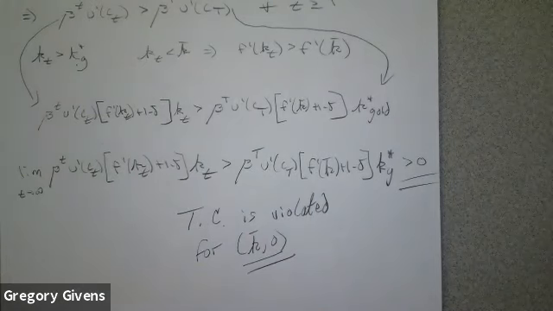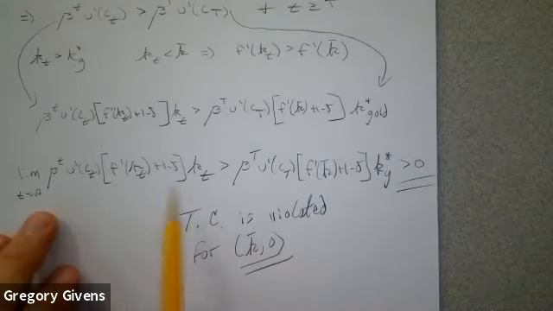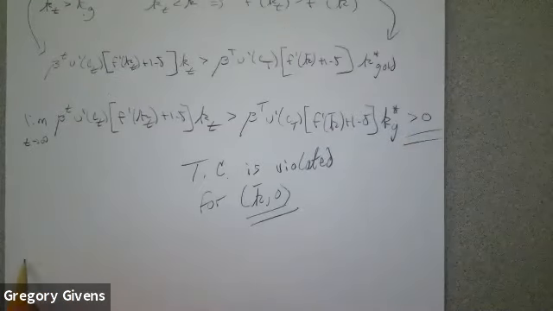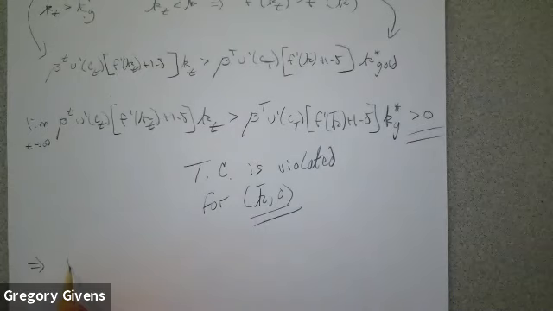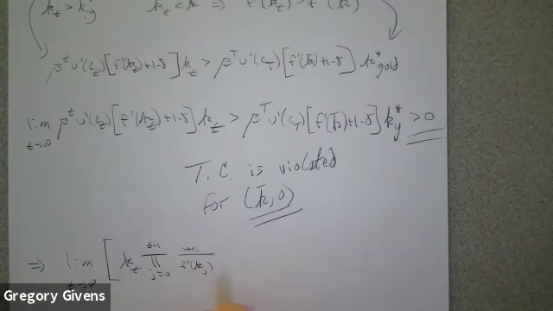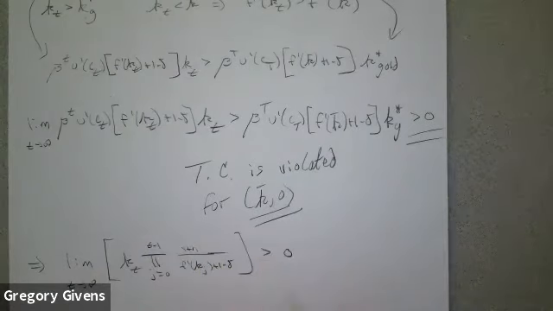Now, do you guys remember what happens if the transversality condition is positive, if this limit expression is positive? This is going to imply that the limit as t goes to infinity of k_t times the product from j equal to 0 to t minus 1 of (1 + n) over f prime of k_{j+1} minus delta is strictly bigger than 0.